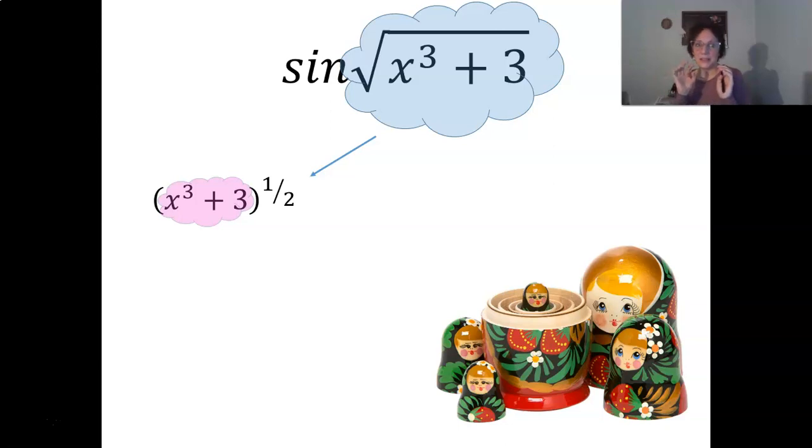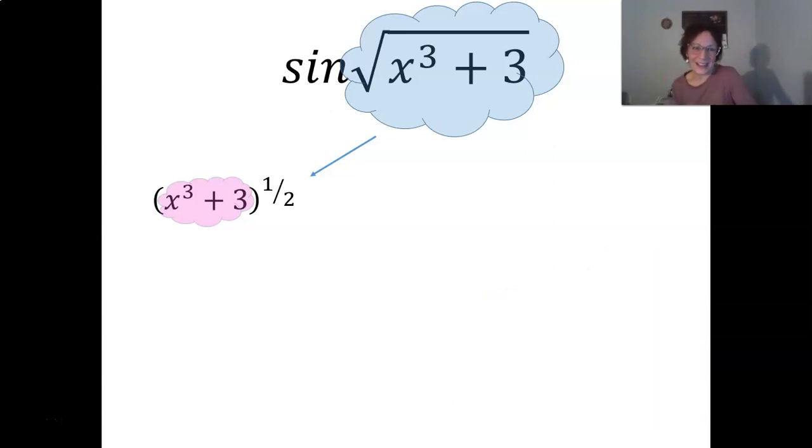But this is the kind of general concept that sometimes chain ruling once isn't going to be enough, as we see all these rules just kind of squish together. It's exciting. Okay, so let's take a look at this function. I rewrote it down here as the derivative of the sine of, instead of square root of x cubed plus 3, x cubed plus 3 to the 1/2.